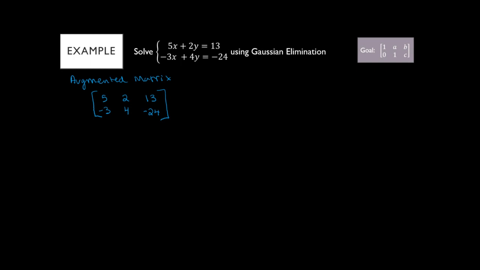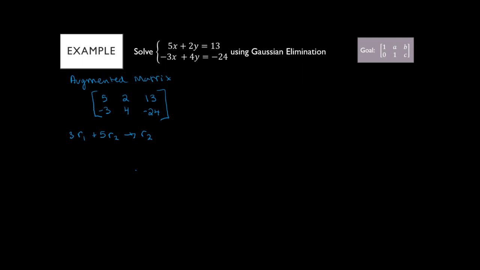So what we're going to do is 3 times row 1 plus 5 times row 2. So those will get the right numbers that will cancel out. And then that result is going to be stored in row 2. So I'm going to replace row 2 with whatever that result is. So that's my shorthand for what I'm doing.